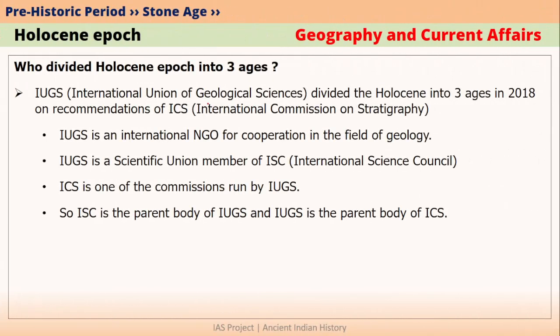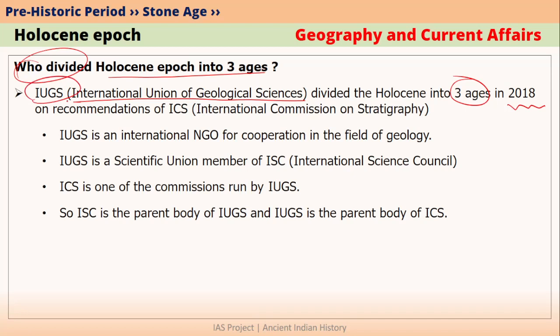We just said that Holocene epoch has been divided into 3 ages. But who divided this? Let's look at some of the institutions that deal with geological timescale. It is basically the International Union of Geological Sciences that divided Holocene into 3 ages. And this was done very recently, that is in 2018.